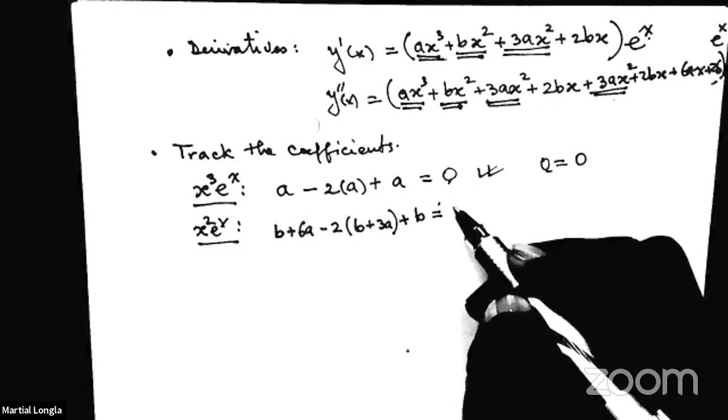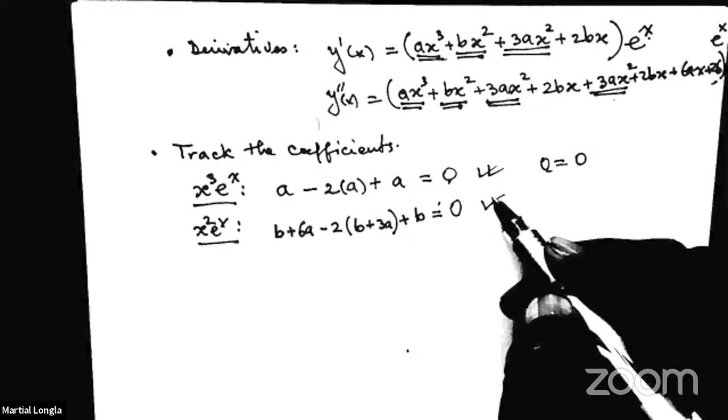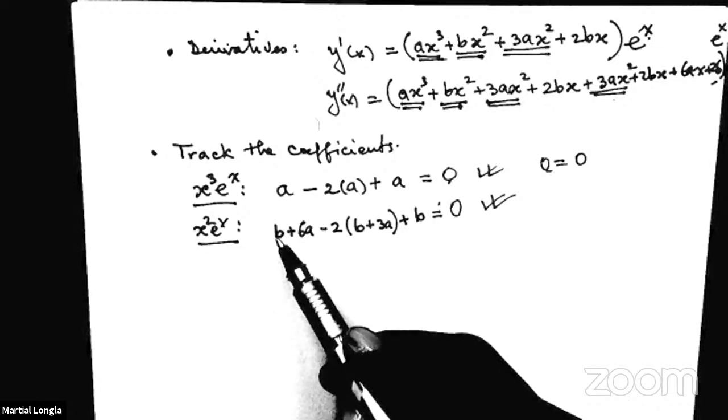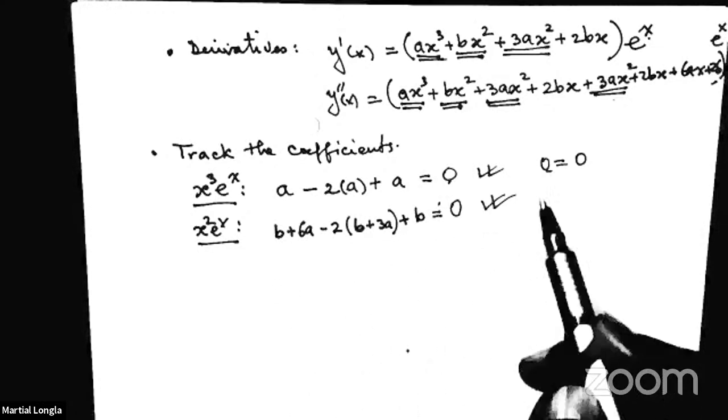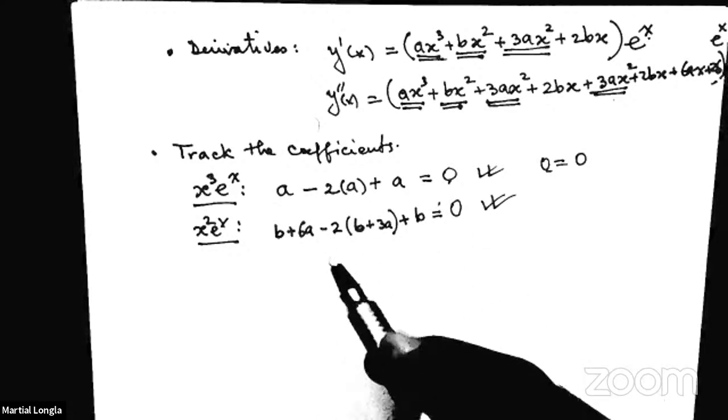So here is also 0 on the right. And as predicted, this must also be 0 equals 0, because the first two equations, when x is equal to 2, are going to be 0 equals 0. Look, b minus 2b plus b, that's 0b. 6a minus 6a, 0a.